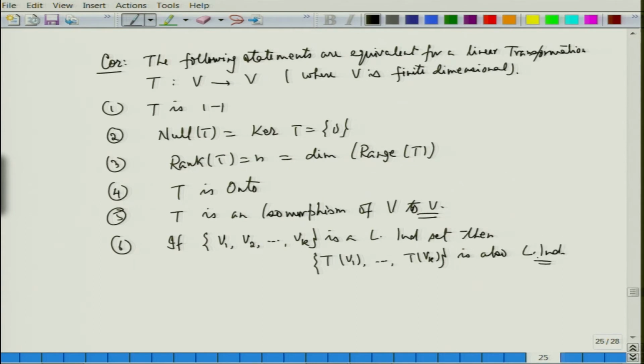That's important. So, T is 1-1 means T sends linearly independent set to linearly independent set. Is that okay? That is important.